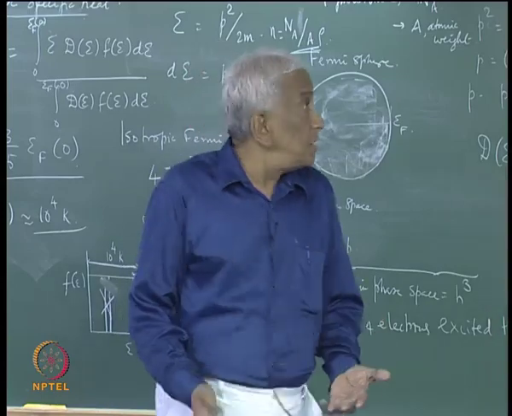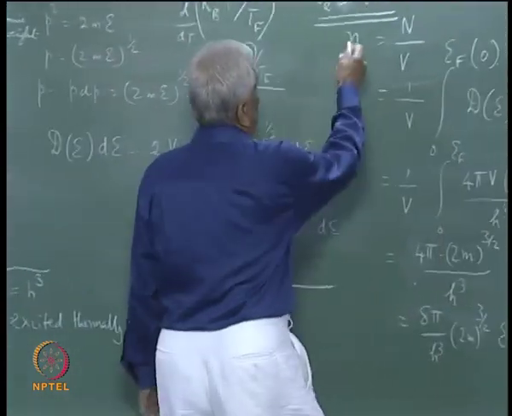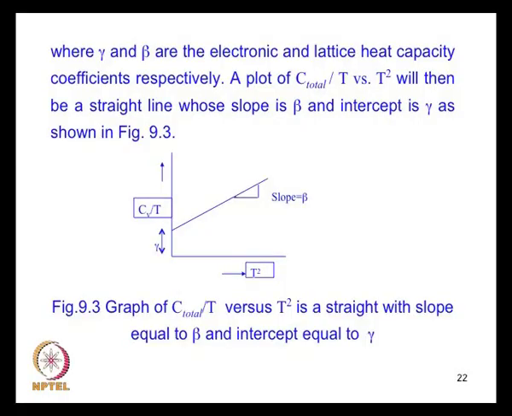So, this is the value at absolute 0. This is shown graphically in the figure. Of course, you will never be able to measure the electronic heat capacity alone.